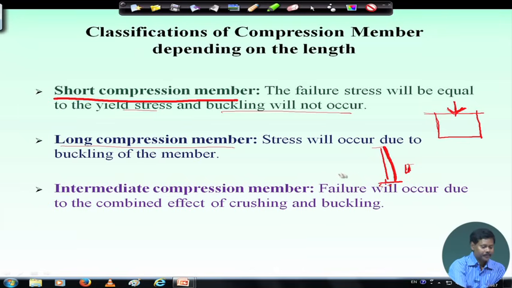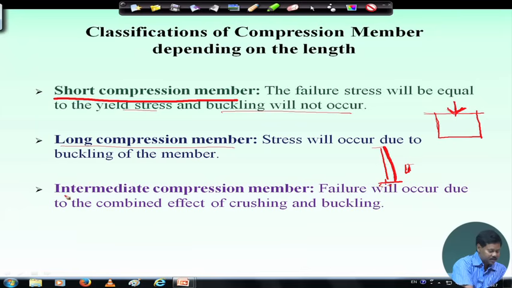That is why we need to consider whether it is a long compression member or not, and accordingly find out whether the stress is developing due to buckling or due to yielding. Accordingly, the compressive strength of the member will be considered.